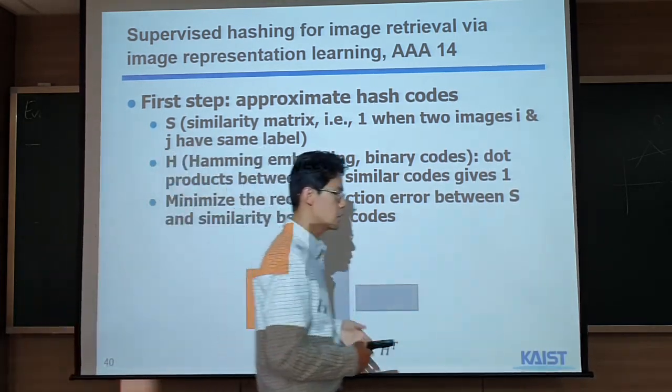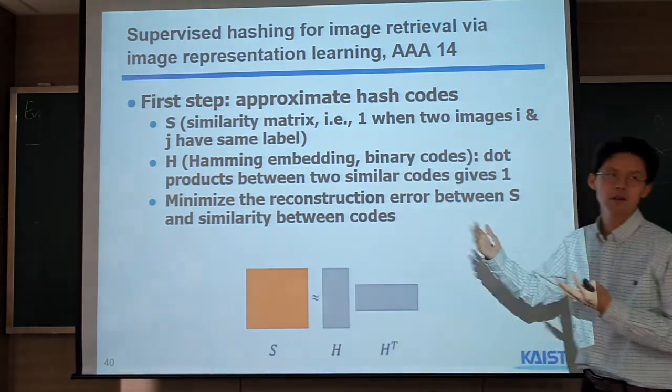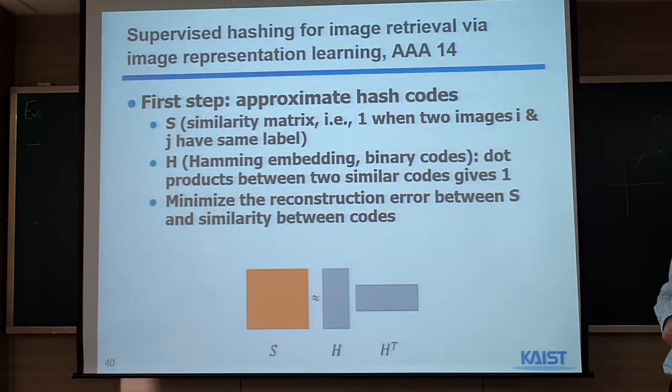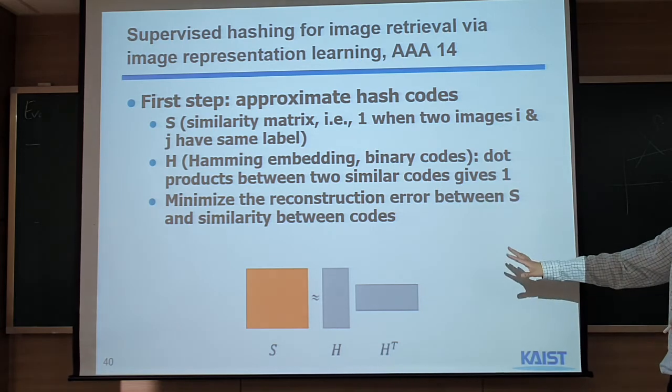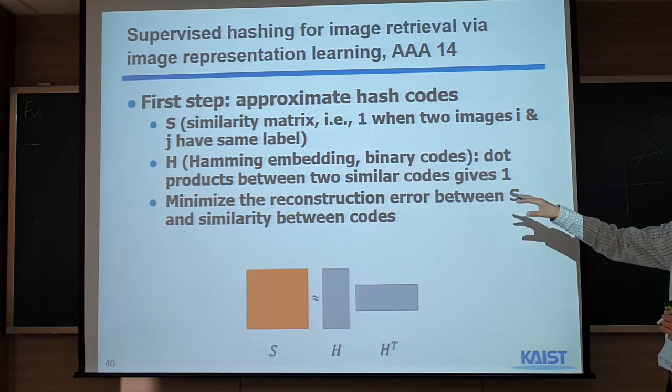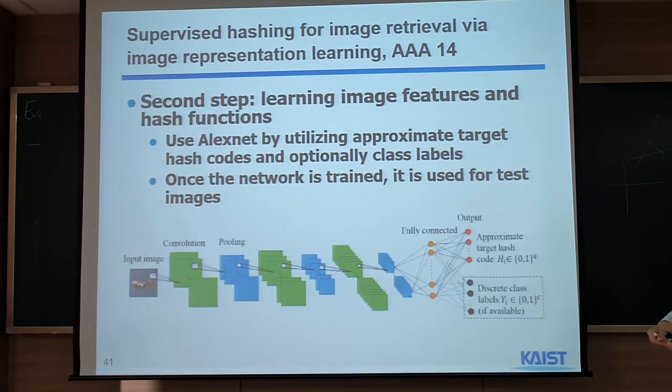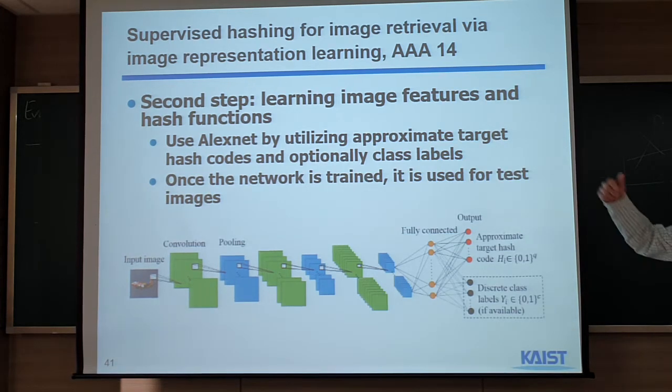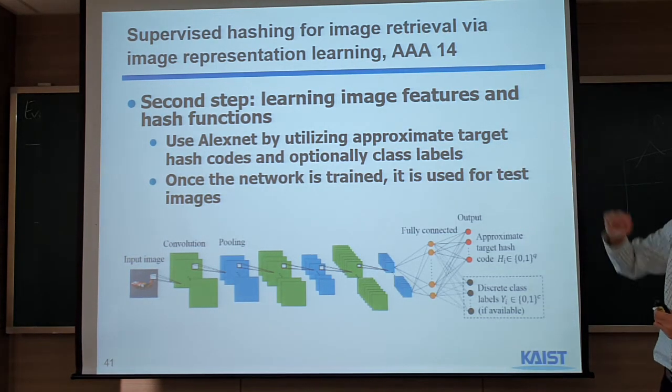And they didn't use deep learning. They used some approximation techniques. I'm not going to talk about them here, but I'd like to point out that this is not based on deep learning. And then at the second step, they mainly focus on learning image features.